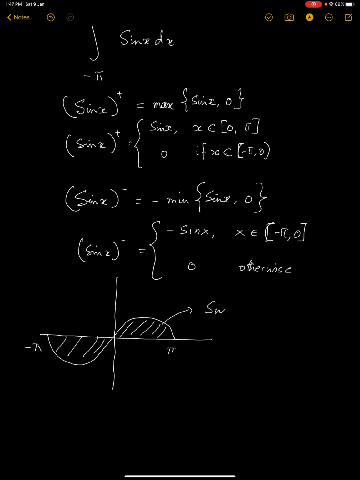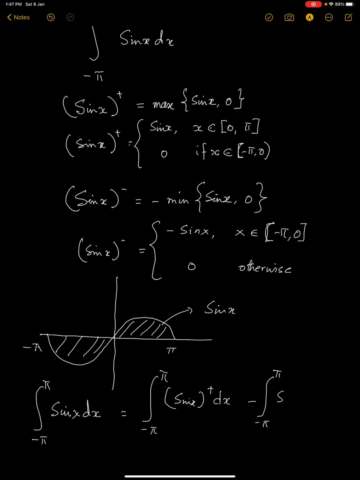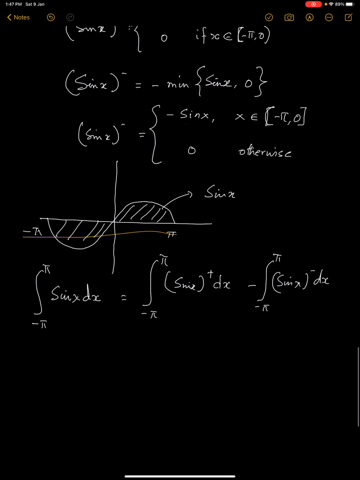So if I want to integrate this the way I have learned just now, the integral from minus pi to pi of sine x dx is equal to the integral from minus pi to pi of sine x plus dx minus the integral from minus pi to pi of sine x minus dx.